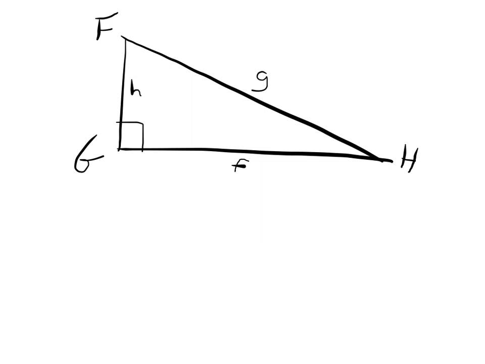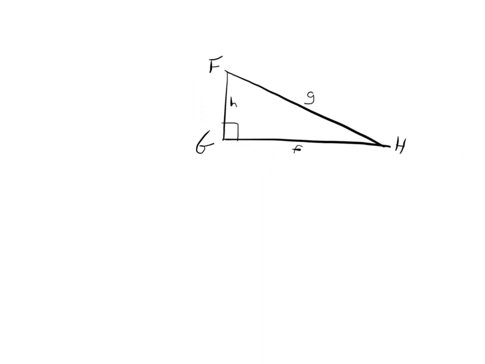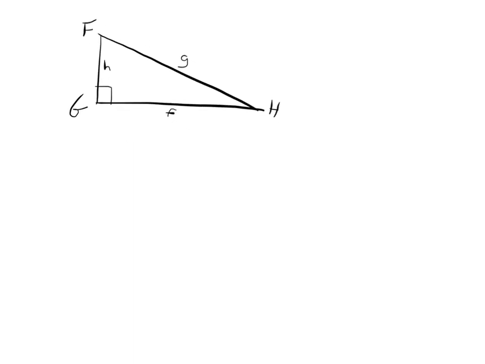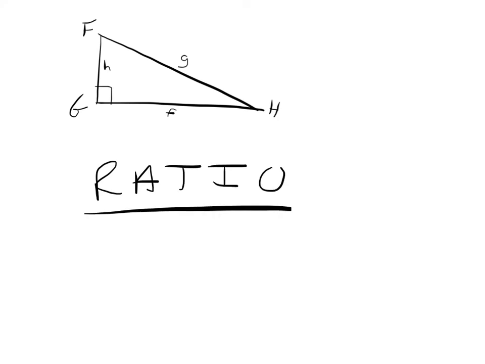And the last thing that I want to have you keep track of is a remember thing. What are trig values? And the answer is they are ratios. A trig value is a ratio. It was, as we saw, a ratio of lengths.